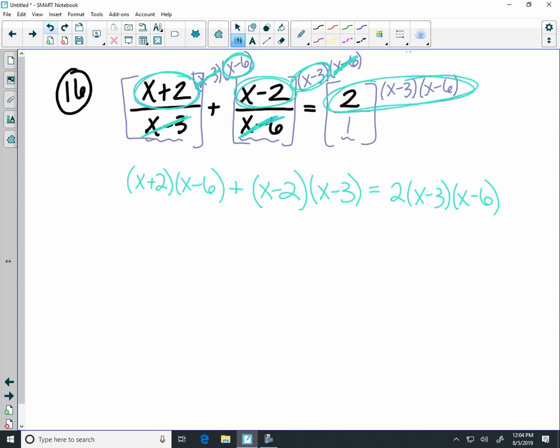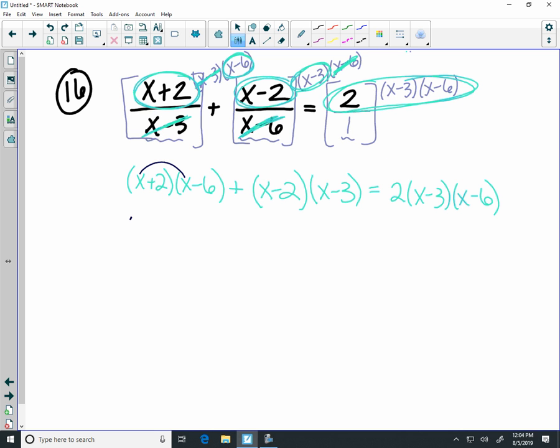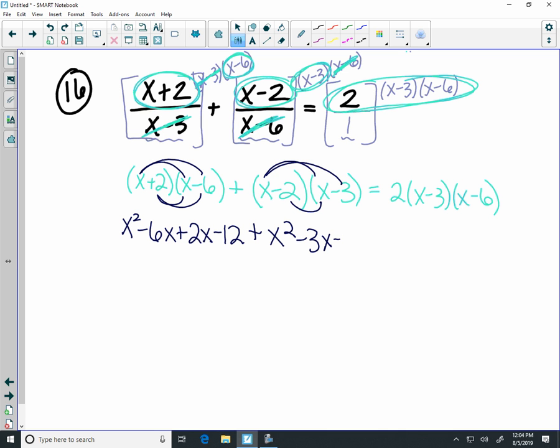Again, once we get rid of the fractions, now we just algebra our way forward as carefully as possible. This one, I really don't want to do 2 steps, but I'm going to.